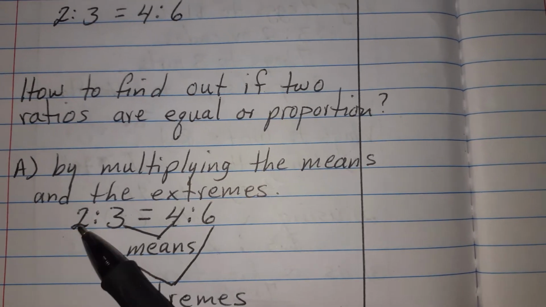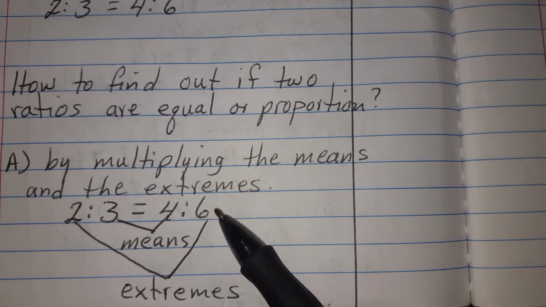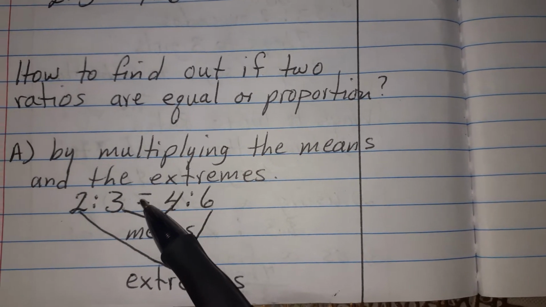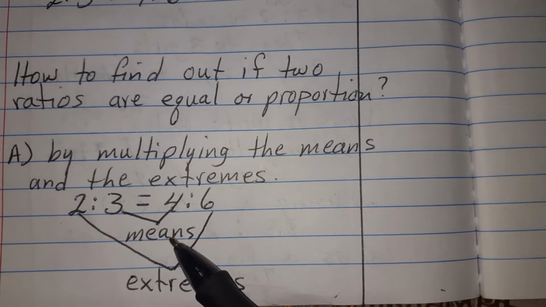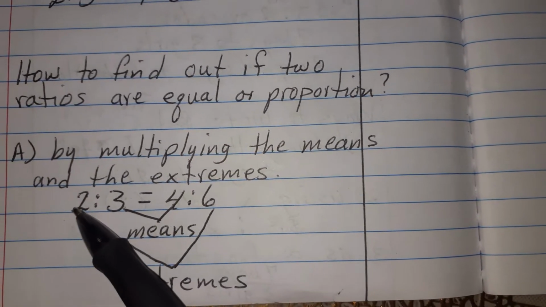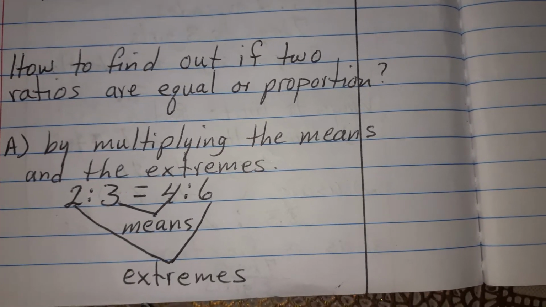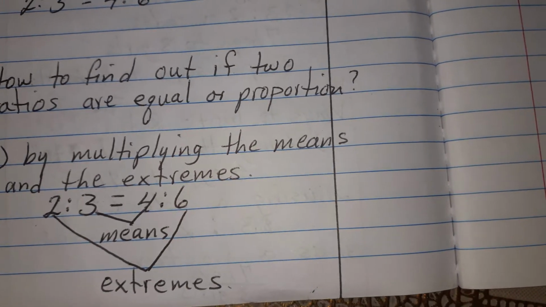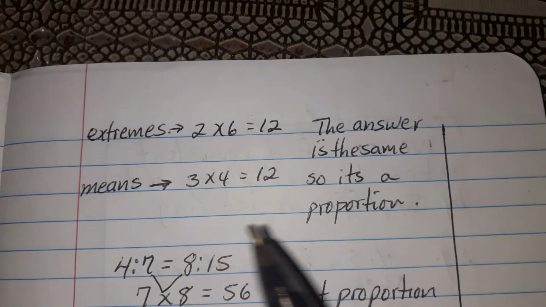Alright, we say 2 to 3 is equal to 4 to 6. These two numbers that are close to the equal sign are called the means. And the numbers that are far from the equal sign are called the extremes. Okay? So we multiply the extremes.